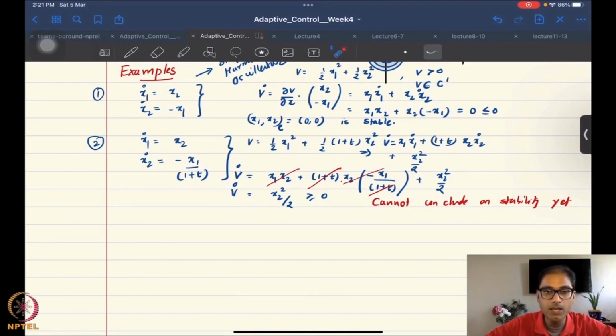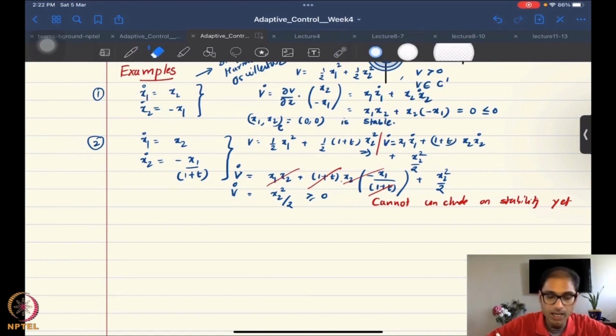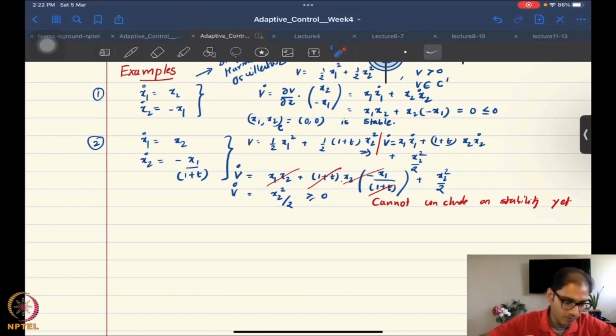It may just be the case that I was not good enough at selecting the Lyapunov function. So finding the appropriate Lyapunov function is still a hunt. That's why I sometimes say it's actually Lyapunov art. There's an art to finding the right Lyapunov function.